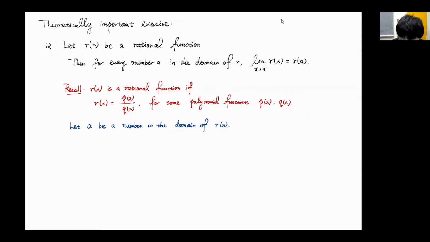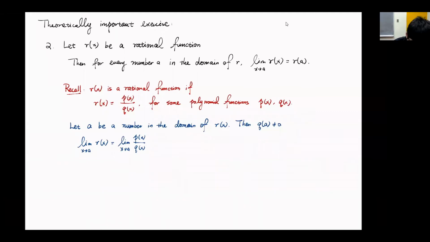And the important thing for this restriction is that Q of a, namely the denominator evaluated at this number, will give me a non-zero number. So Q of a is non-zero. Okay, so now evaluating the limit of R of x is basically the same as evaluating the limit of P of x divided by Q of x.